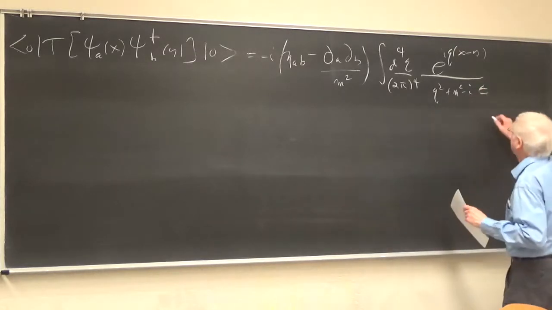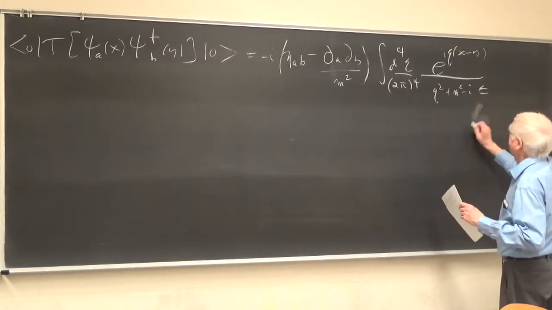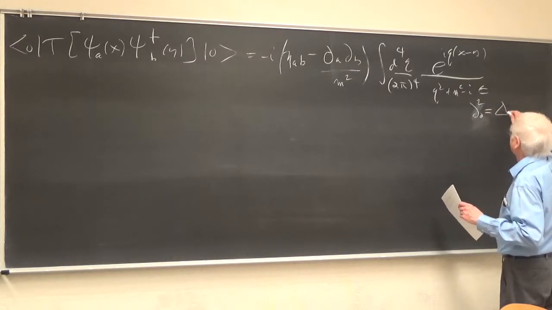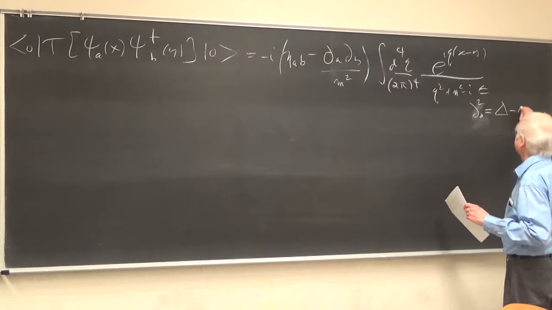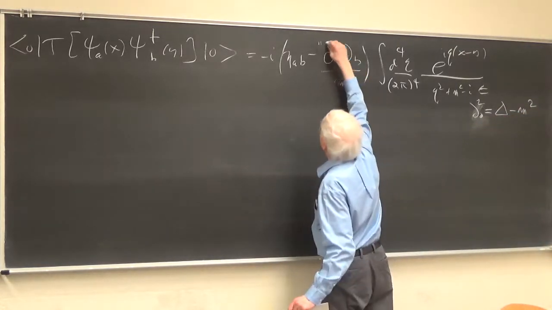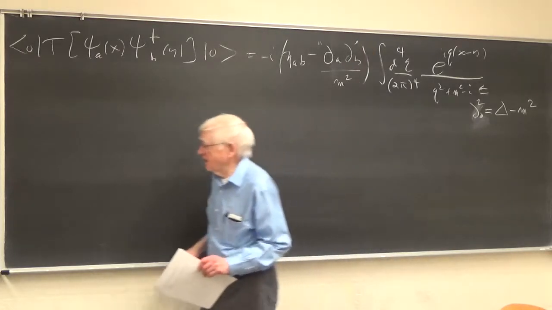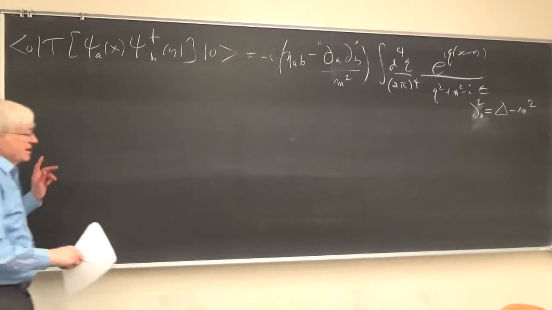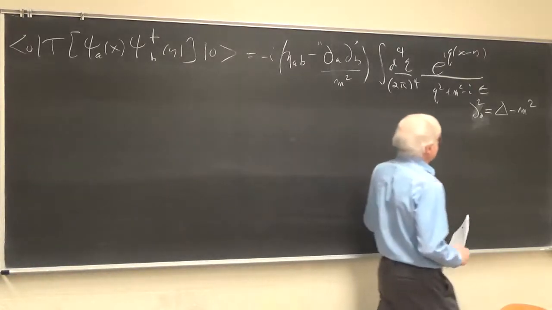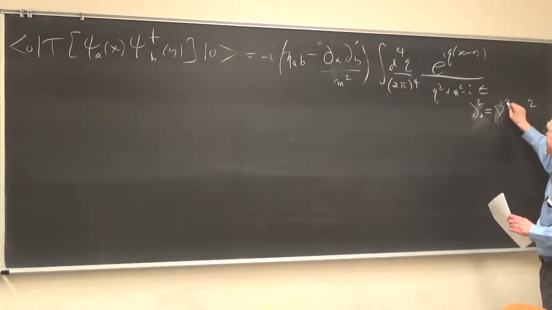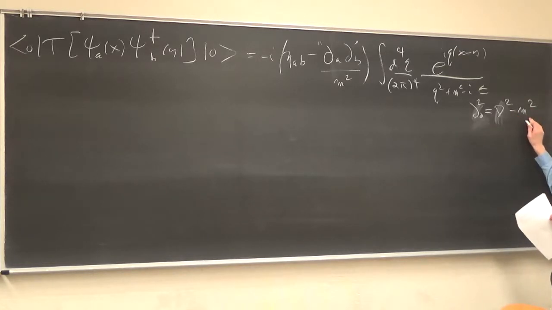Sorry, d0 squared is actually grad squared minus m squared. So in other words, we should maybe put quotes around these guys to indicate that the second time derivative is actually grad squared minus m squared.